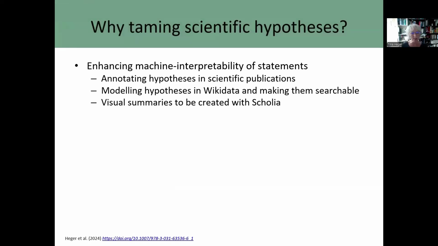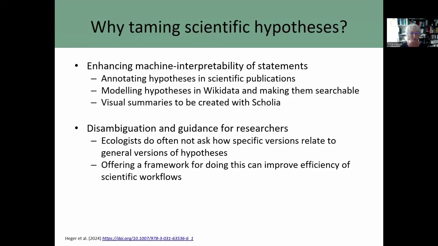in scientific publications. And we started doing that already and started modeling these hypotheses in Wikidata. And this way we can also make them searchable. And using Scholia, which builds on Wikidata, we can create visual summaries of these hypotheses or these statements.